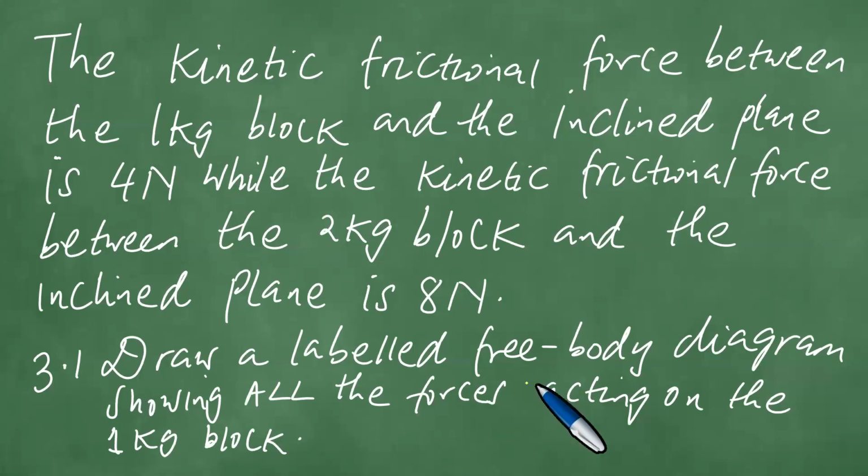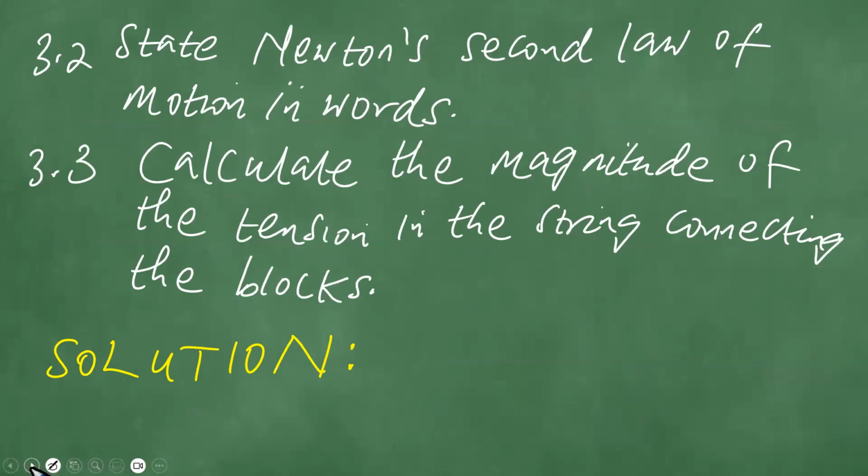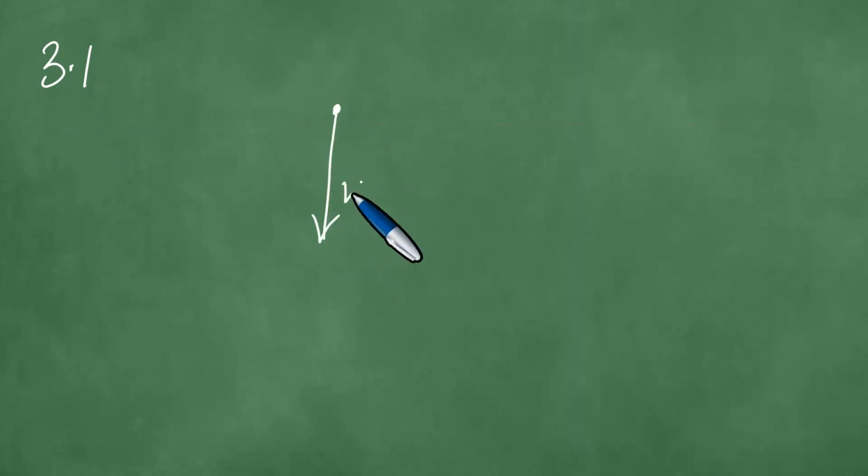Okay, let's draw a labeled free body diagram. In drawing the labeled free body diagram, we look at 3.1. So we have here the weight that is straight down. Actually, let's not call it the weight, let's call it the force of gravity.